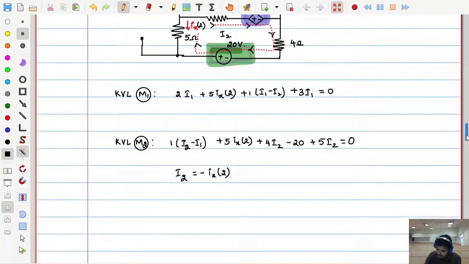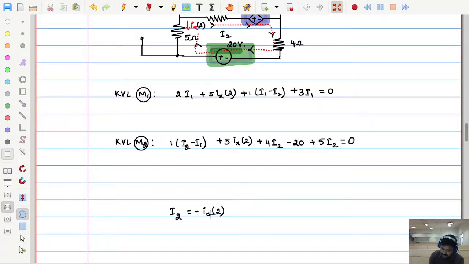So now you can do a simple thing: you can eliminate I2 wherever I2 is there. Or if you feel like you don't need to substitute and simplify again, you can carry this equation forward as it is. I'll tell you how. Let me simplify this first.